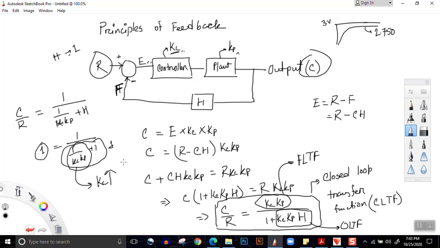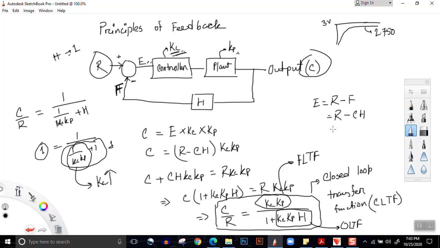So as our controller gain increases, 1 by Kc Kp decreases, and as a result the output resembles the input more closely. That is, the more the controller gain, the more the output resembles the input. That is one takeaway from this expression.